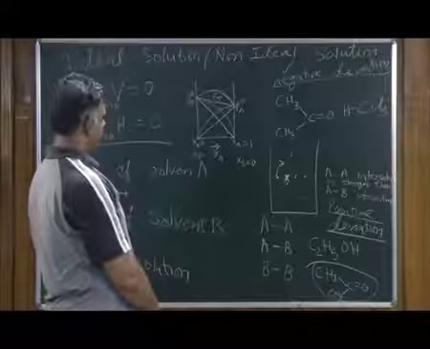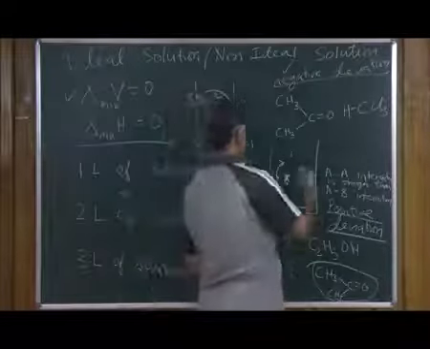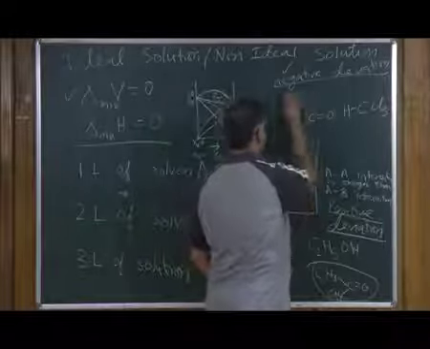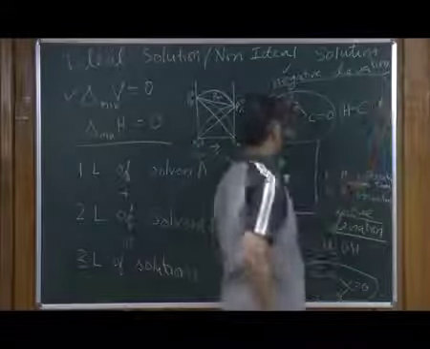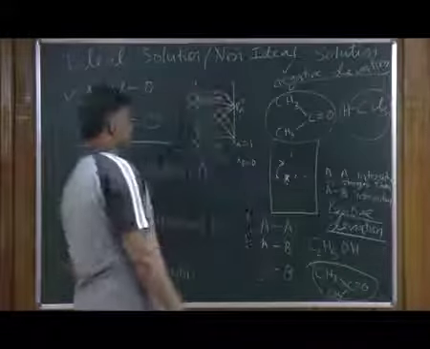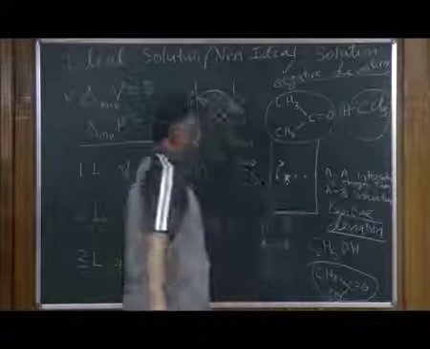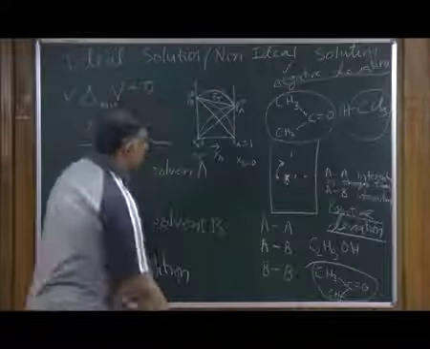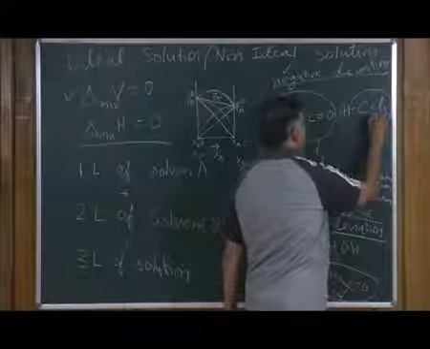Now, we can see that there is no hydrogen bonding within acetone or within chloroform, but once we put them together, there is hydrogen bonding between this oxygen and hydrogen, as there is a very powerful electron withdrawing group over here.